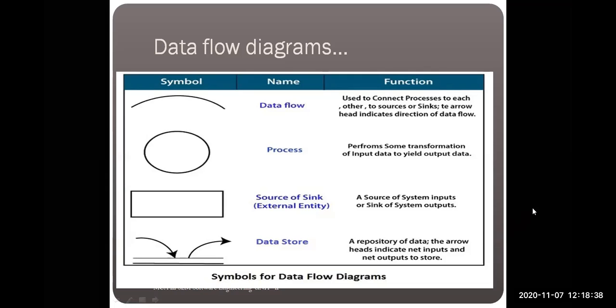So it is a repository of data, and the arrowhead indicates the net inputs and net outputs stored in it. Data related to inputs or outputs can be stored in repositories.